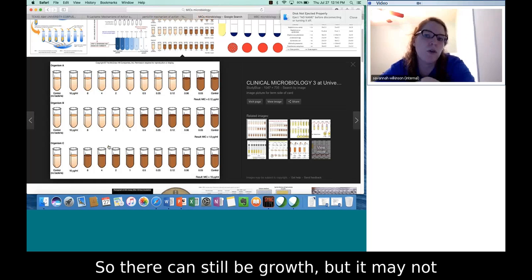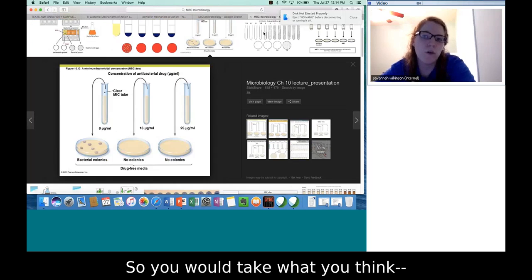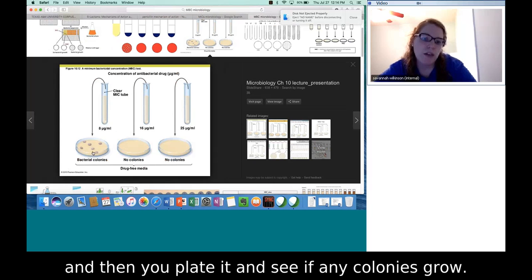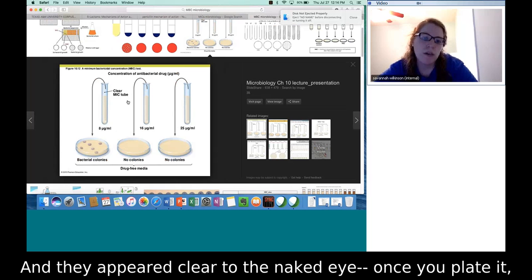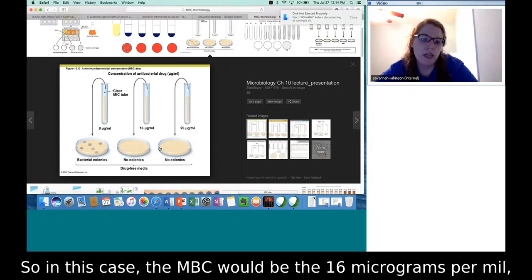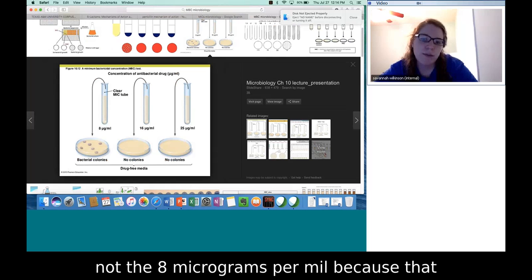So there can still be growth that may not be visible to the naked eye. So you would take what you think is the MIC, and then a couple tubes before that, and you plate it and see if any colonies grow. So it may appear clear to the naked eye, but once you plate it, you'll be able to truly see if there's any growth or not. So in this case, the MBC would be the 16 micrograms per mil, not the 8 micrograms per mil.